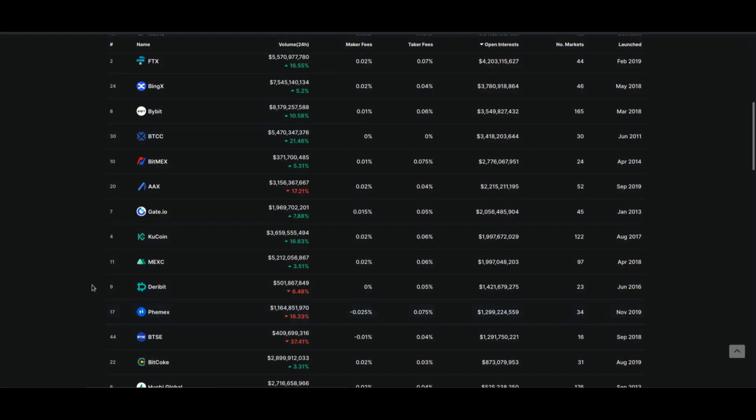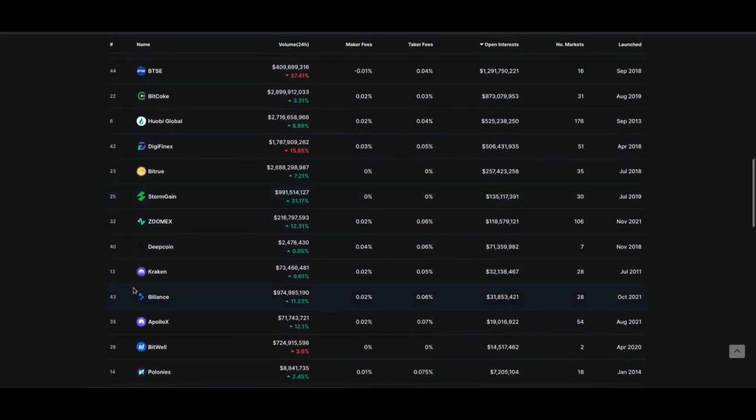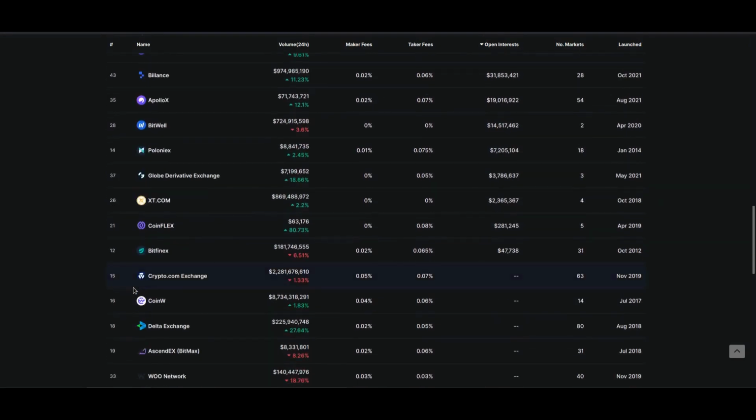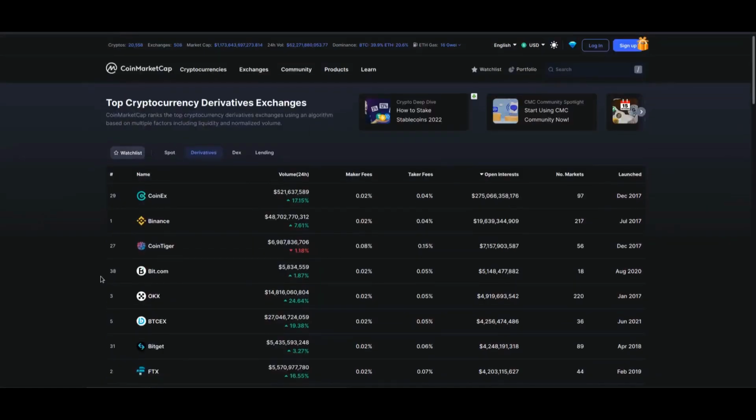So it is in the top 20, and Delta Exchange is a little bit lower because it's not so widely promoted like Deribit.